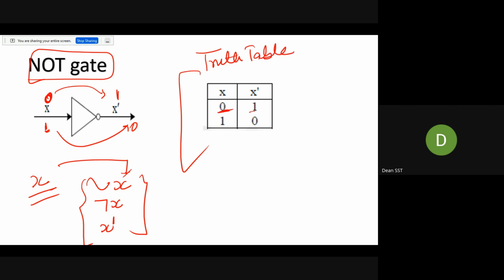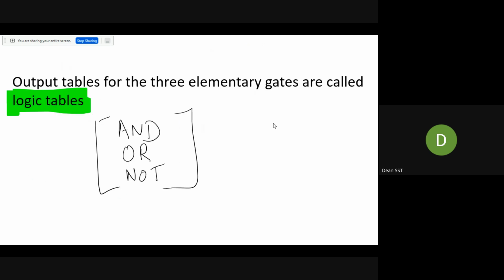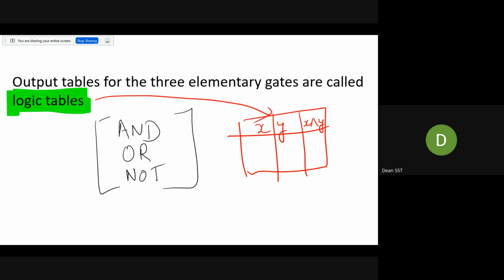When X is 0, X bar is 1. When X is 1, X bar is 0. Is it clear? These tables are known as truth tables or logic tables. So we have seen AND, OR, and NOT.